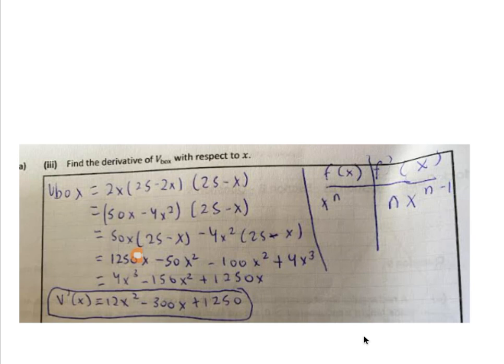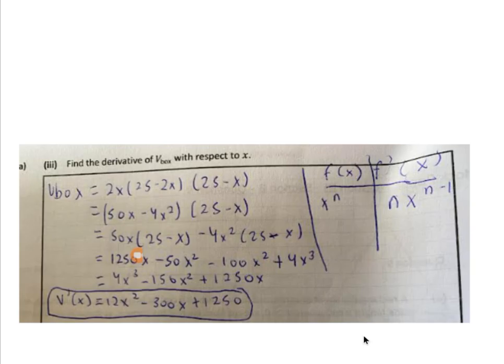We can break the first bracket up into 50x by 25 minus x minus 4x squared by 25 minus x. 50x by 25 is 1250x. 50x by minus x gives us minus 50x squared. Minus 4x squared by 25 gives us minus 100x squared. Minus 4x squared by minus x gives us plus 4x cubed. So altogether we have 1250x minus 50x squared minus 100x squared plus 4x cubed.